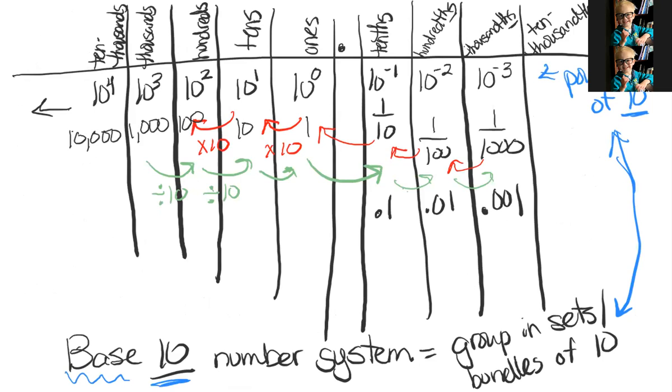The standard algorithms for multiplying and dividing will work. And so I want you to practice explaining how and why using these ideas here presented, whether it's a place value chart or just really understanding this idea that the powers of 10 are the same thing as these sets, bundles of 10.